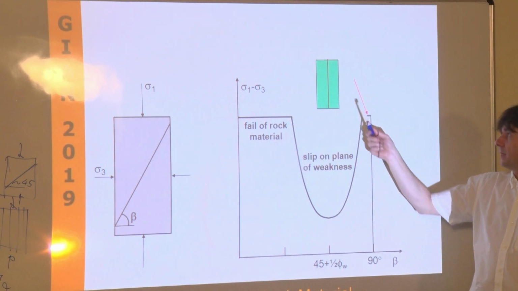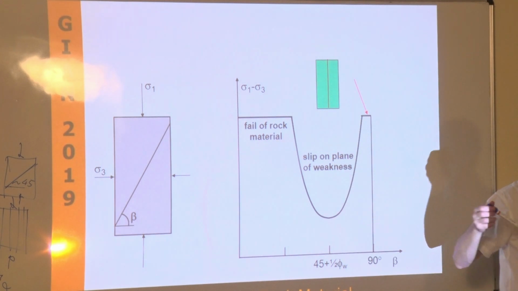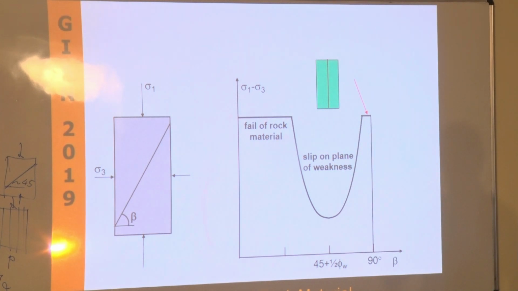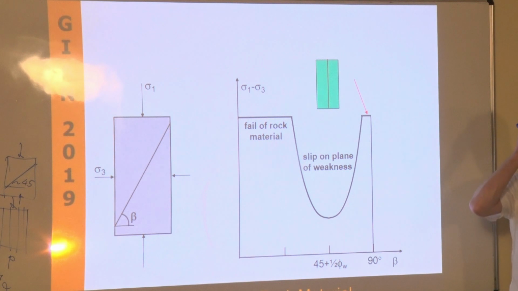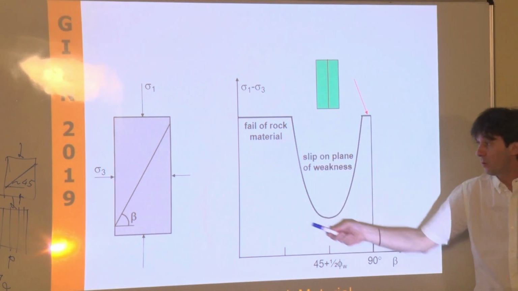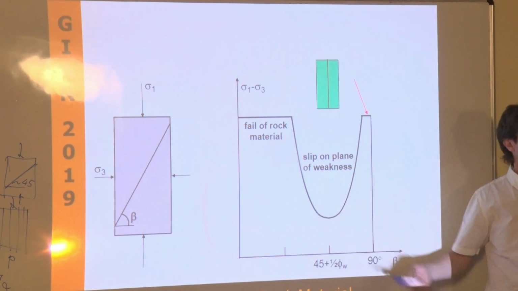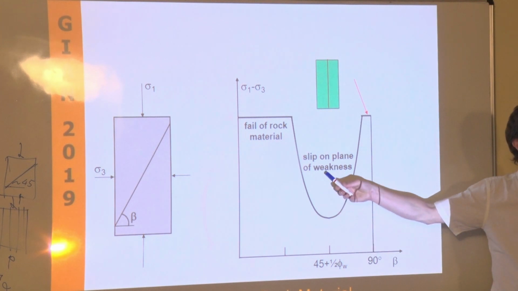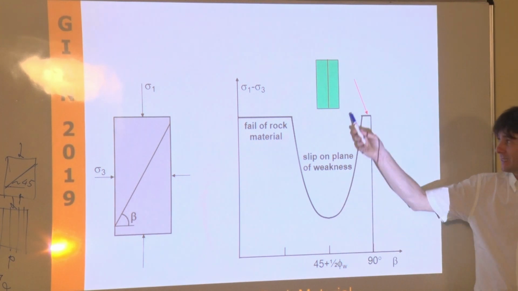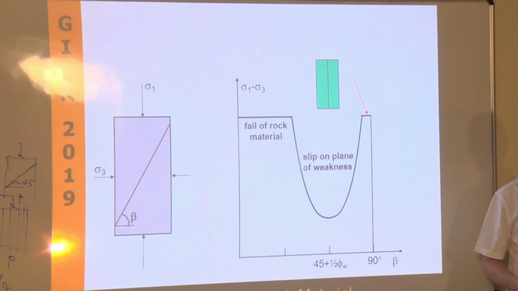Then here, the presence of your weakness plane is important, and that is where your failure is really dictated by the weakness of your pre-existing plane. Do you remember the test that failed at 30 MPa that I showed you this morning? Pretty much, we were loading exactly this area. I had a pre-existing failure plane, and it was really failing. You can see that there's a big difference in strength.